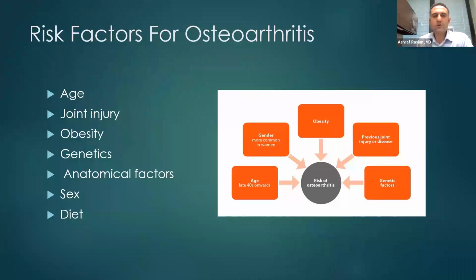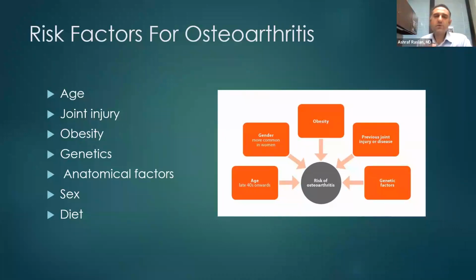Also, the cartilage is not as flexible or as resilient as we get older. It's more susceptible to injuries. So we get more injuries usually after the age of 50 or so, and there is more incidence of osteoarthritis. Joint injuries, for example: athletes who get an ACL tear are more prone to have knee osteoarthritis in the future.